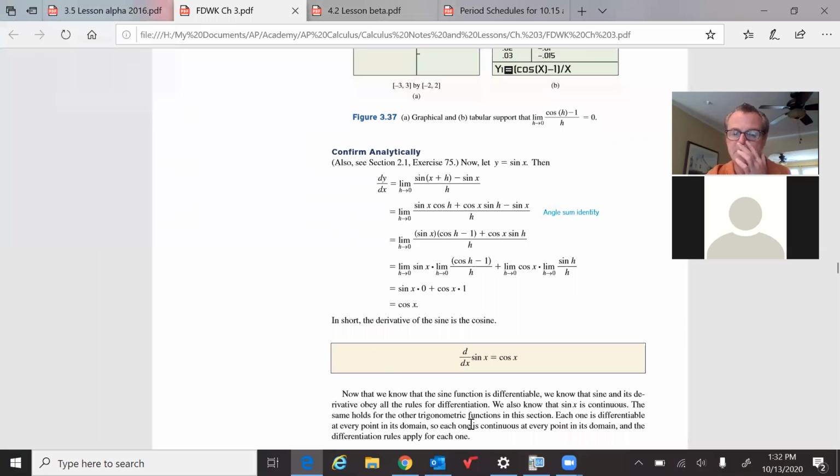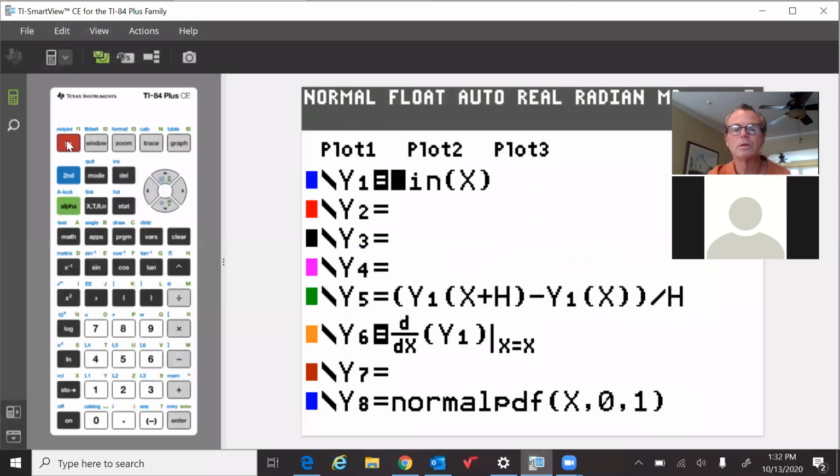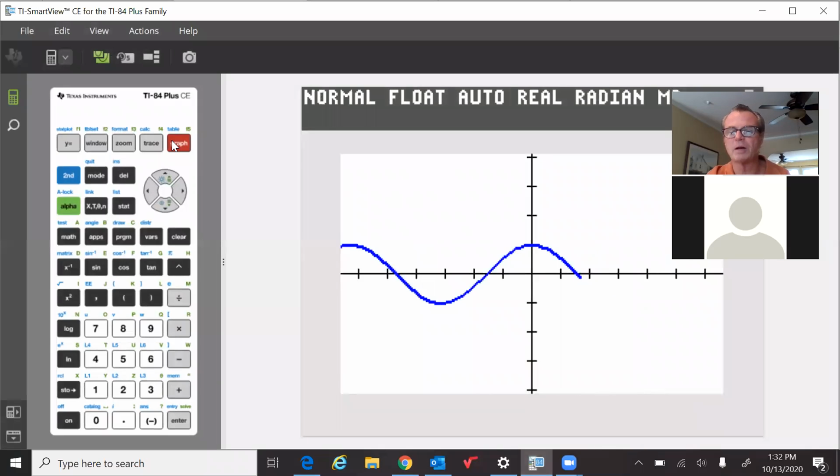And if we went over here and we said, let's change this to cosine. And the blue graph becomes the cosine wave. Here comes the derivative. This looks like the cosine wave moved pi over 2 to the left, which is also the sine wave reflected over the x-axis.